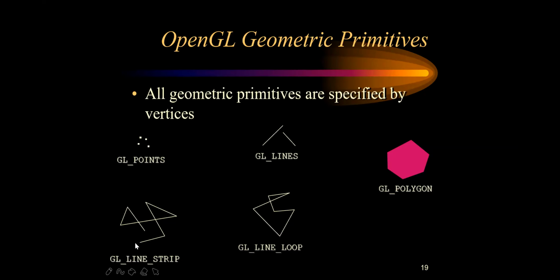If you are not giving any connectivity between your starting point and ending point, that is known as GL underscore LINE underscore STRIP. In this way you can draw the output on your output screen. If you want to join both, you have to use GL underscore LINE underscore LOOP. If you use this primitive, you can join the starting and end points.